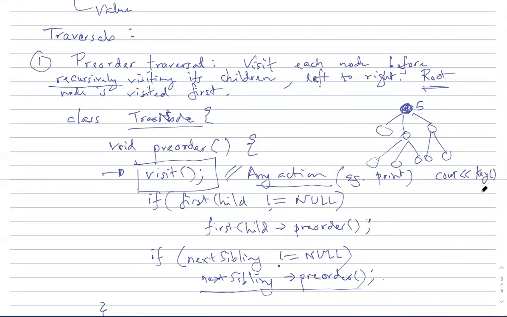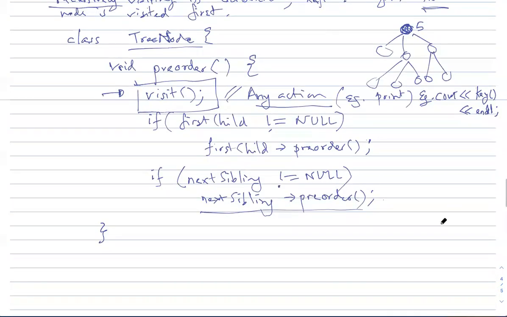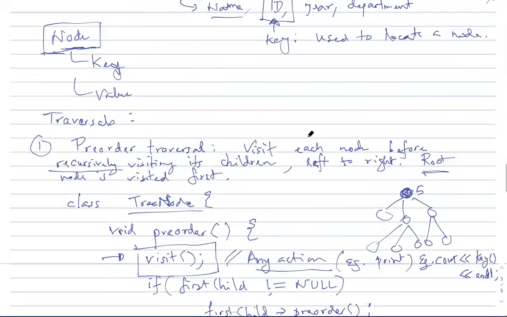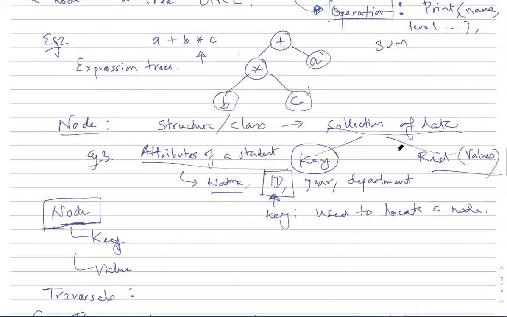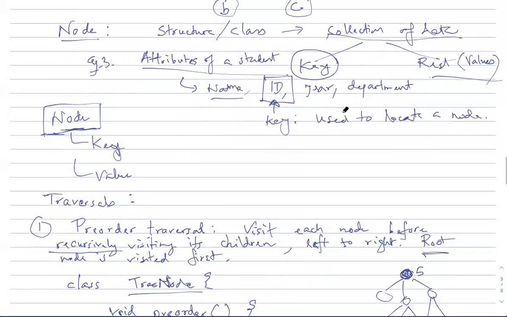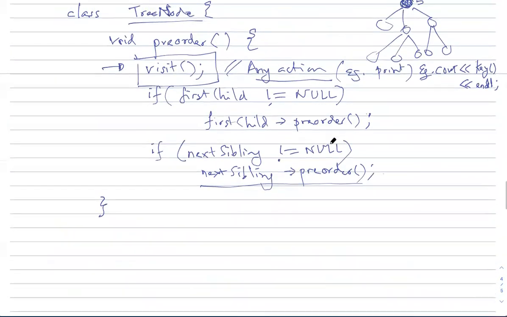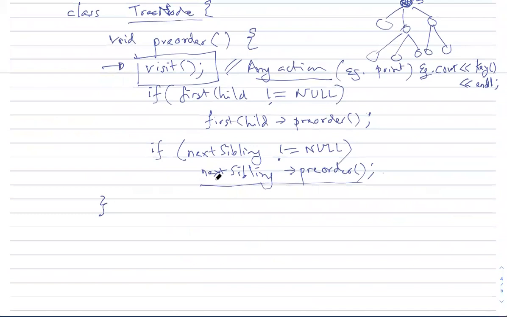So you may call key less than less than endl. This would be an example of performing the visit. Is that clear? Yeah, that's clear. Thank you. So that's why in the beginning, I wanted to make sure that you understand this whole notion of key and value, and you understand what visiting entails. So visiting means performing some operation.